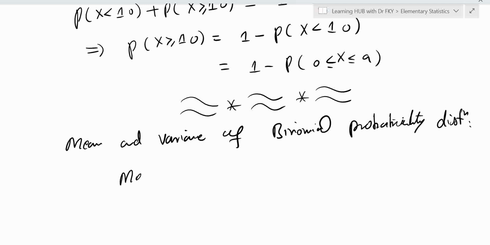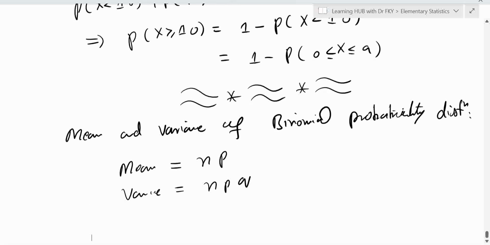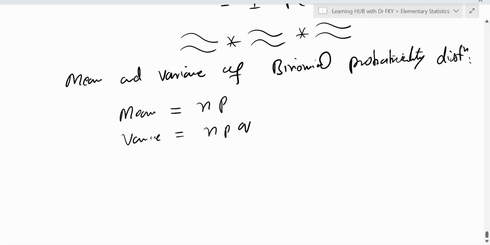The mean of the binomial probability distribution is np, that is, the number of trials multiplied by the probability of success. The variance of the binomial distribution is npq. This means the number of trials, probability of success and probability of failure. So simply, when you know these things, you can calculate the mean and variance for this distribution.